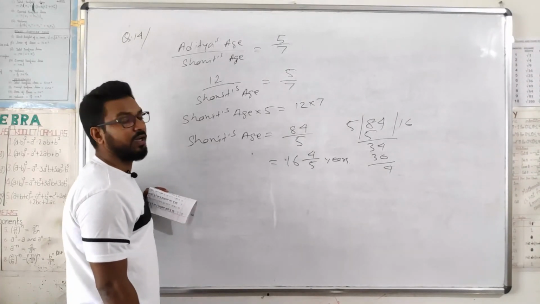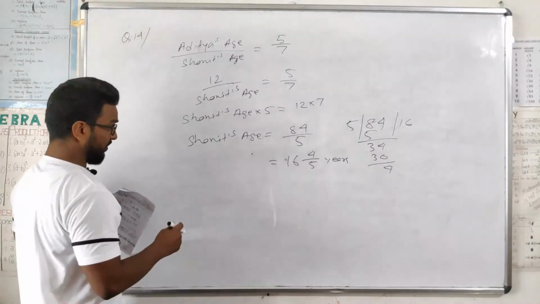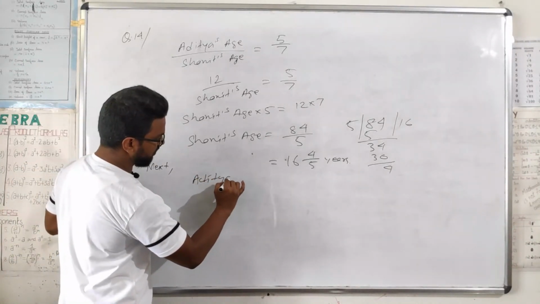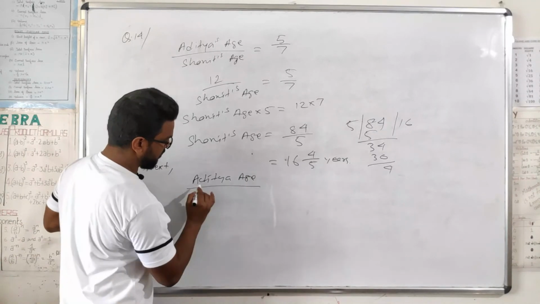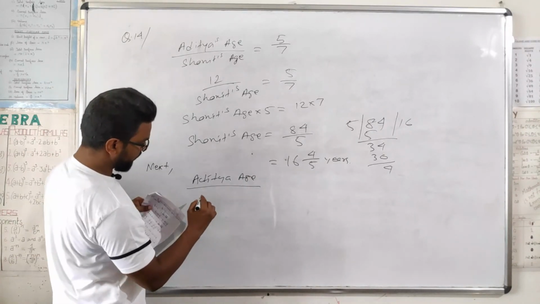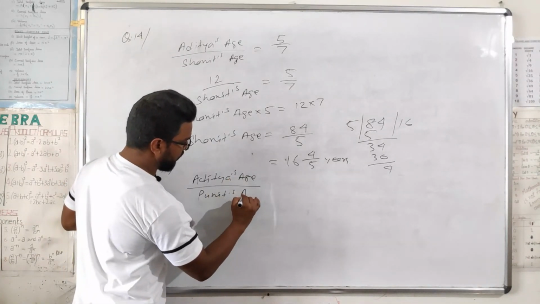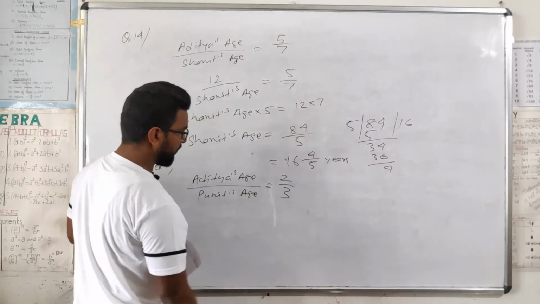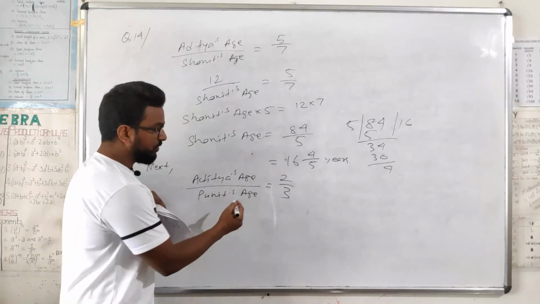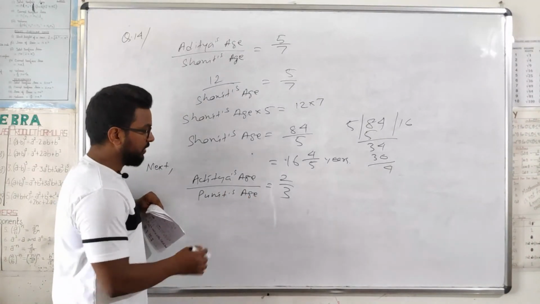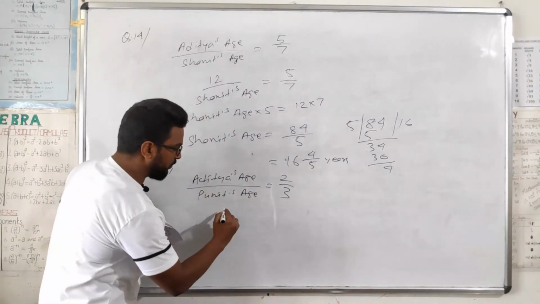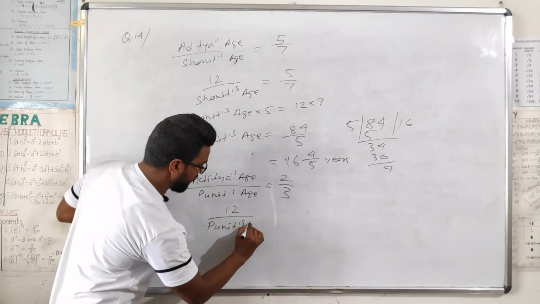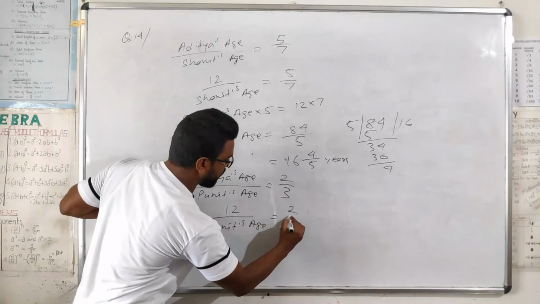Okay. Now you have to find the age of Punit. Now in the next case, it is given the ratio of Aditya age and Punit age is 2 by 3. The ratio of Aditya age and Punit age is given 2 by 3. Now we know the age of Aditya, that is 12 by Punit's age, that is 2 by 3.